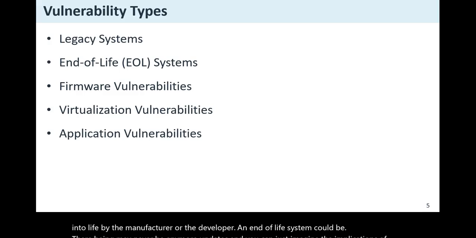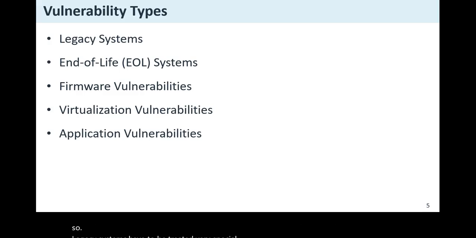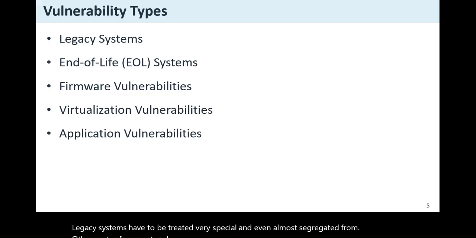So legacy systems have to be treated very specially, and even almost segregated from other parts of your network in any way they can. And then there are firmware vulnerabilities.